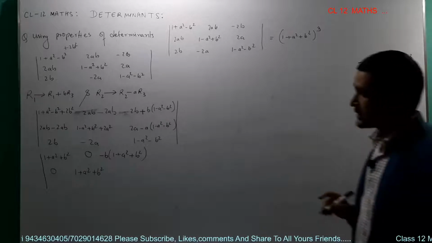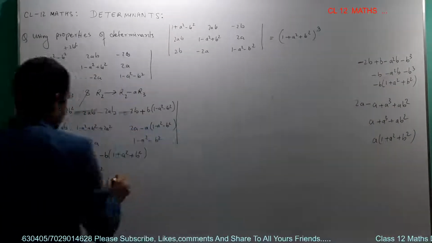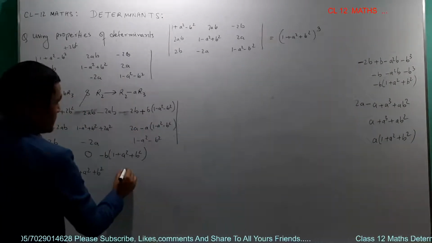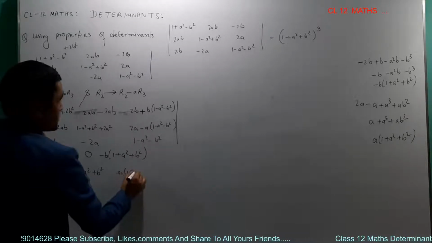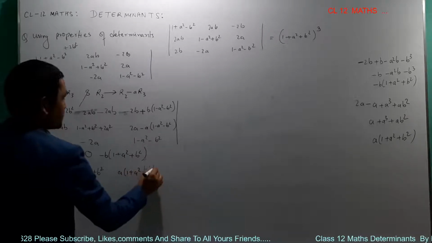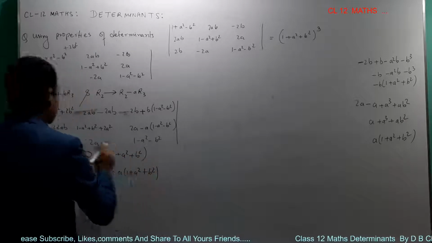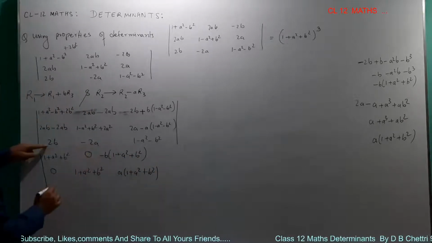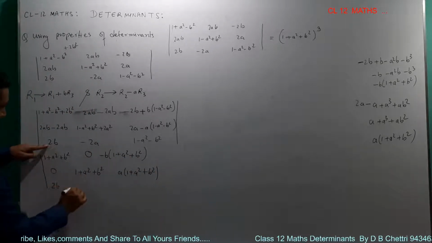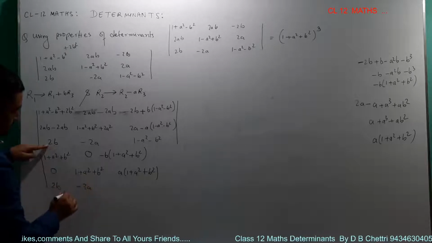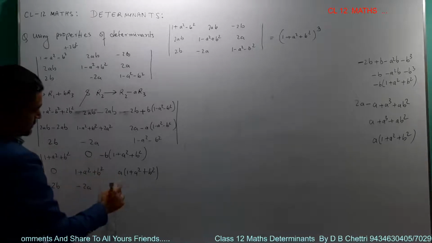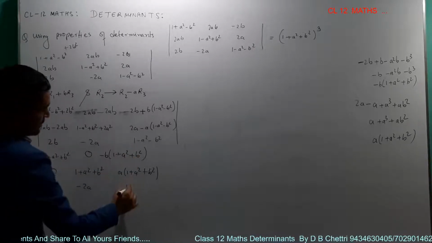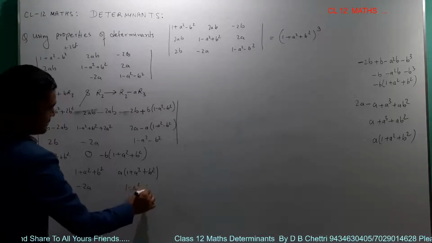Now write this final expression. The final expression is a times 1 plus a square plus b square. Then R3 remains the same, just copy it: 2b minus 2a, then 1 minus a square minus b square.